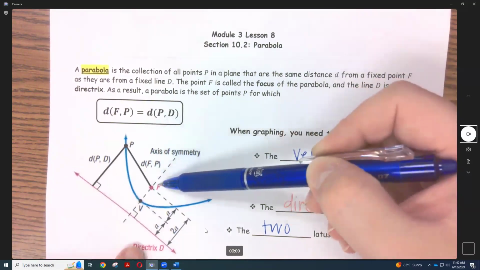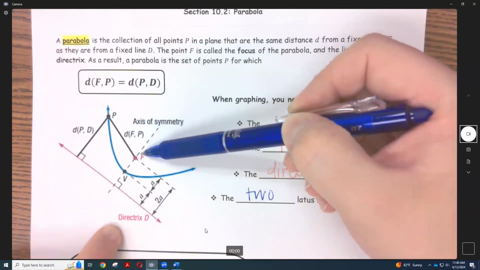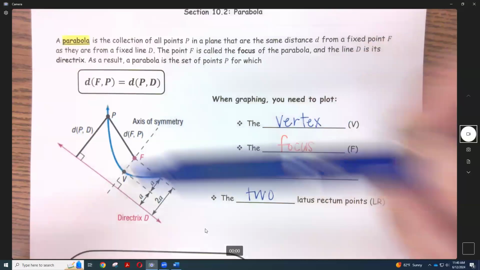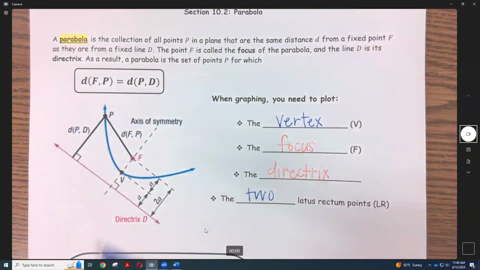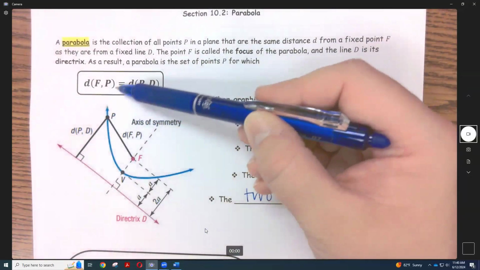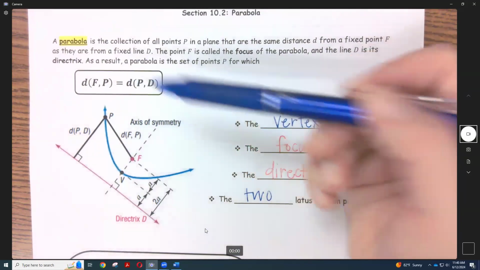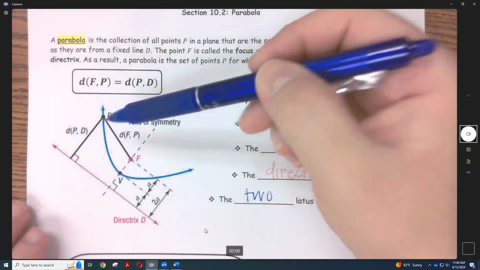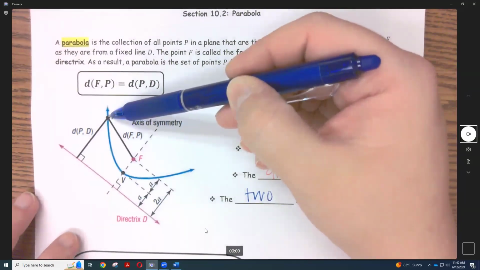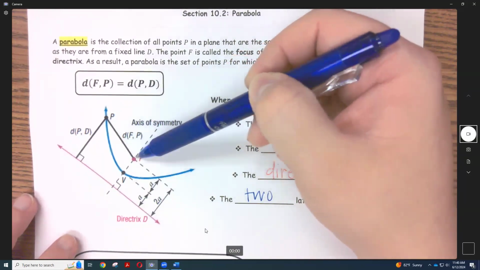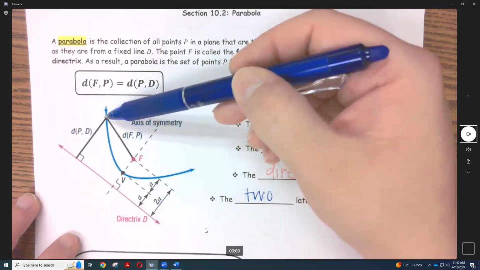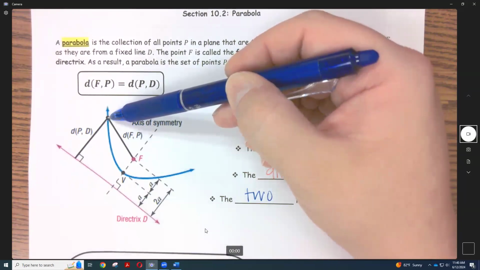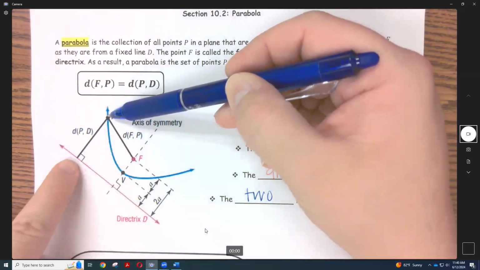That's why this focus and this directrix line are so important when we go to graph them, because they're part of that definition. As this goes further up, that distance is going to increase. But unlike ellipse and hyperbola, it's not a constant distance. It just means whatever this random point is, the distance from this point to the focus is the same as the distance from this point perpendicular to that directrix line.